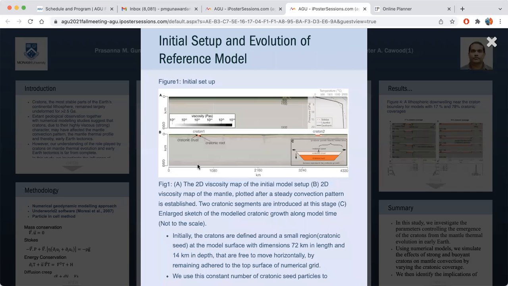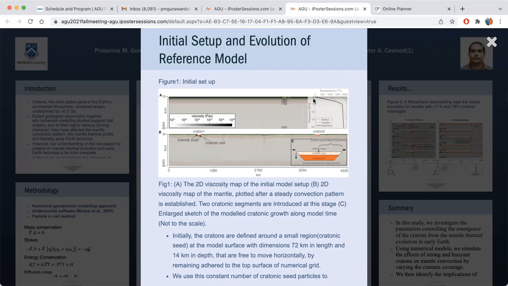So in the third slide, we are looking at the initial setup and the evolution of the reference model. The first diagram shows the initial viscosity profile, and viscosity is temperature dependent, and the initial thermal profile is illustrated in figure A. We allow the model to run for a few billion years and let stable thermal convective cells form in the model.